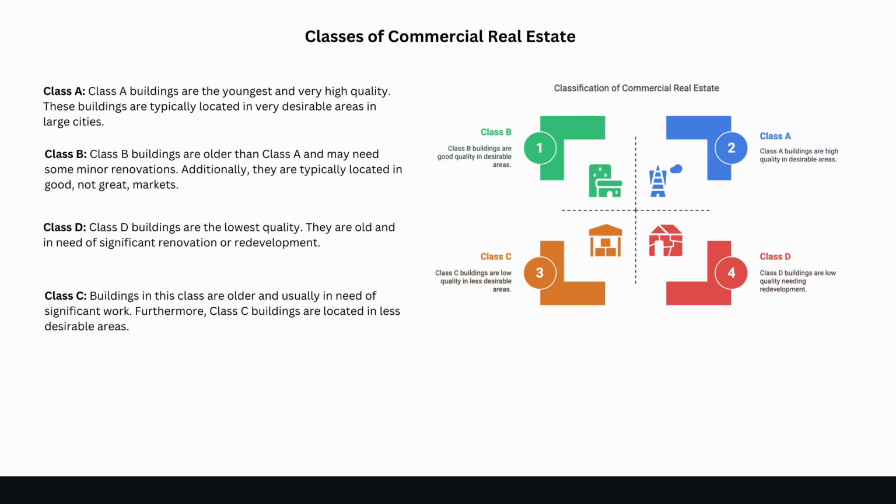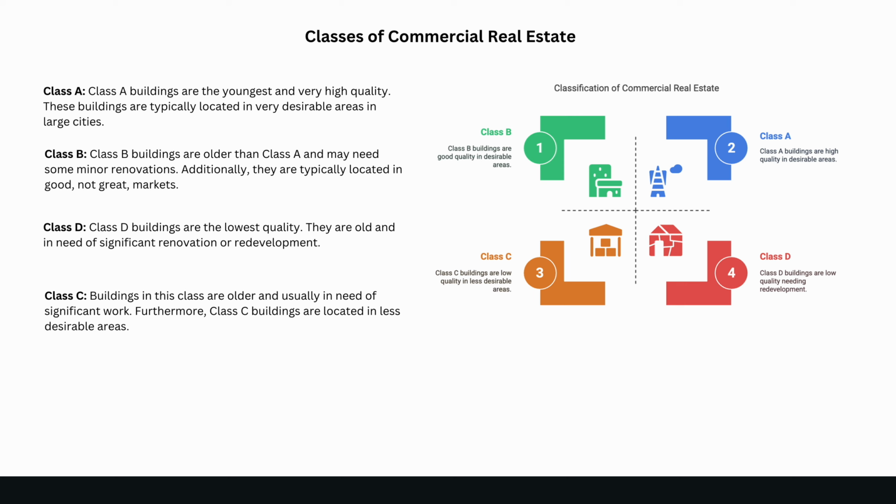What about Class B? Class B buildings are older than Class A and may need some minor renovation. Additionally, they are typically located in a good or not a great market, right? So those assets you can categorize under Class B. What about Class D? Class D buildings are the lowest quality, old, and in need of significant renovation or redevelopment.